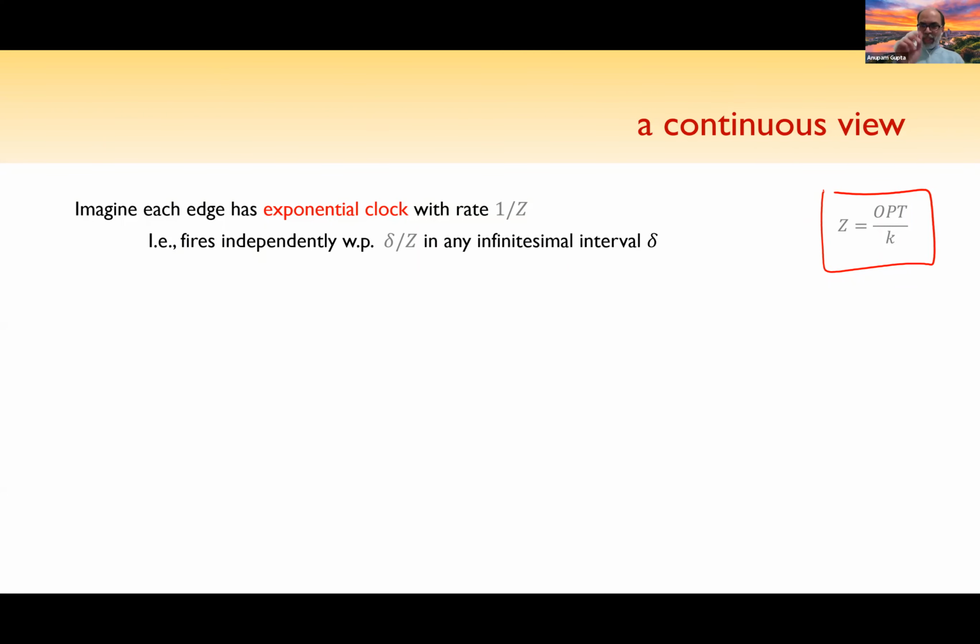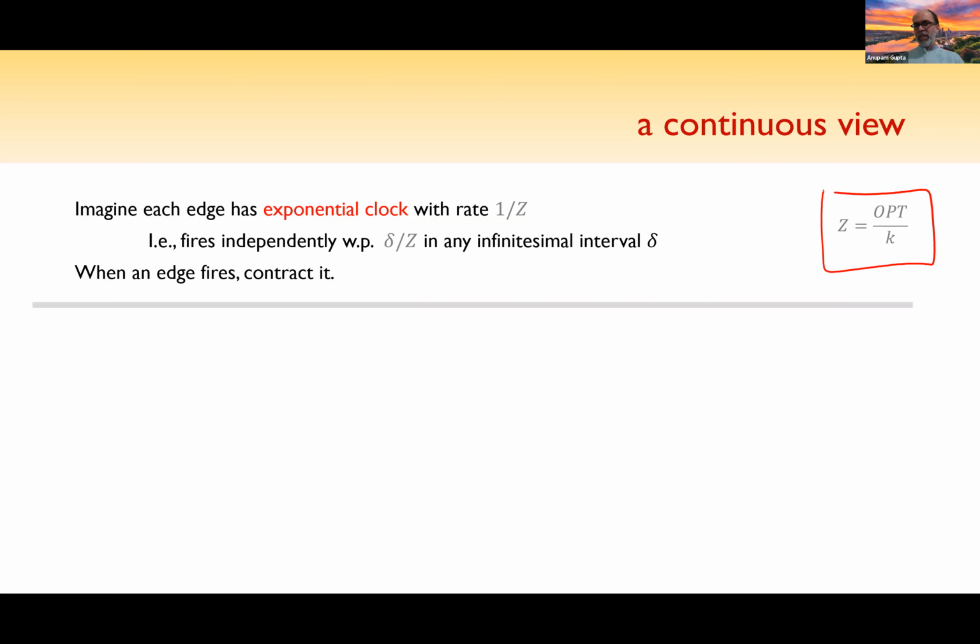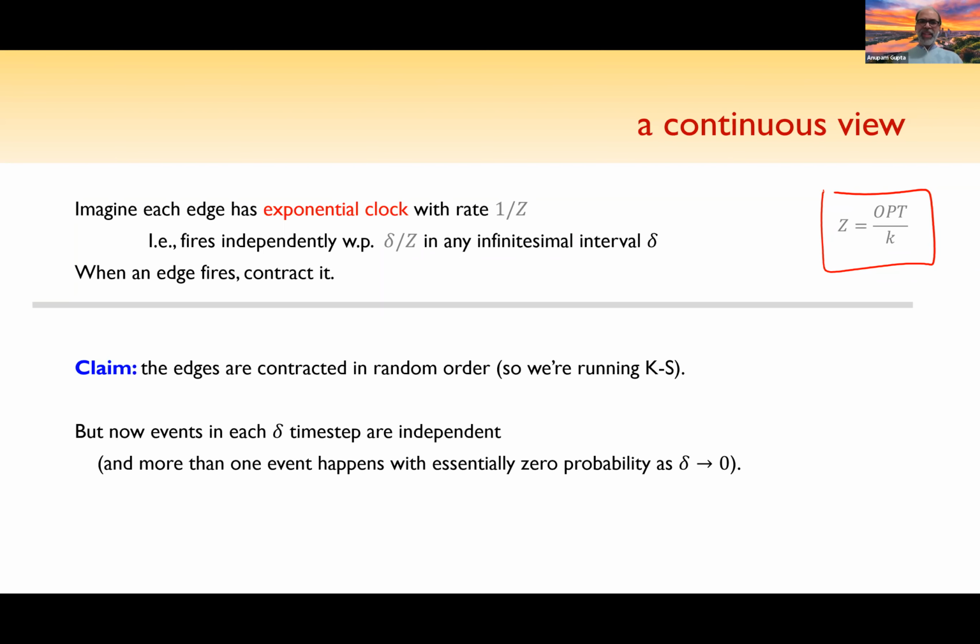So every edge I put this clock on. When the clock fires, I contract this edge. You can think of this as essentially a distributed version of Karger's algorithm, because these clocks will fire in random order. But now there's this advantage that events in each time step are independent.